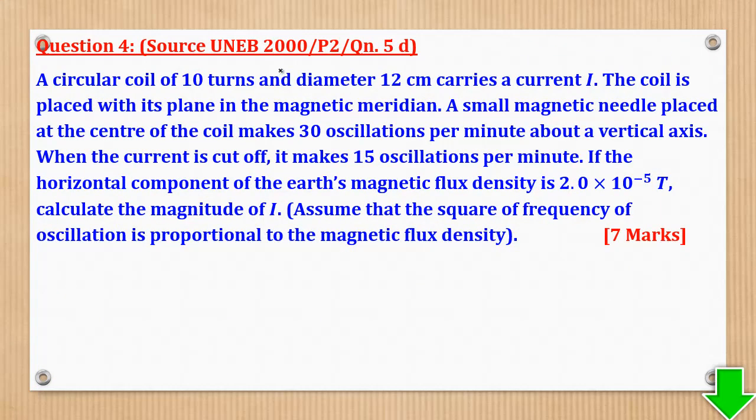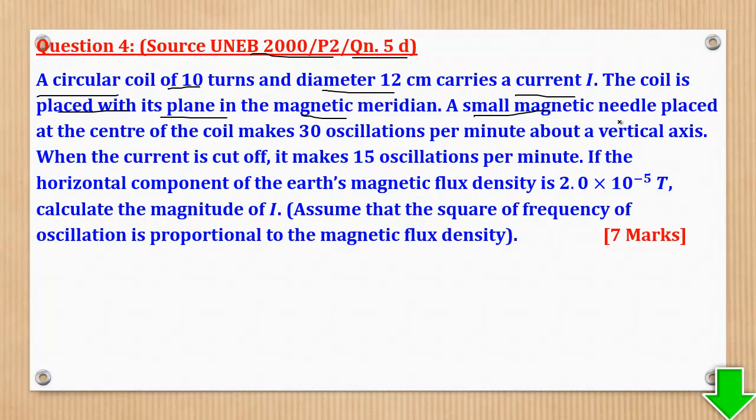Question 4 came from UNEB 2000 paper 2 question 5D, and it says a circular coil of 10 turns and diameter 12 centimeters carries a current I. The coil is placed with its plane in the magnetic meridian.